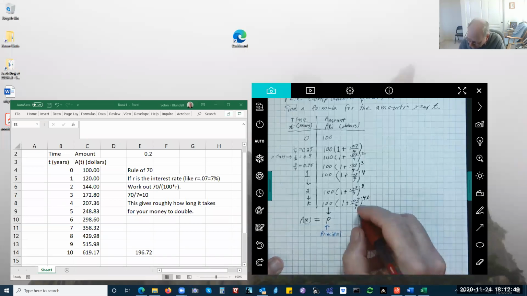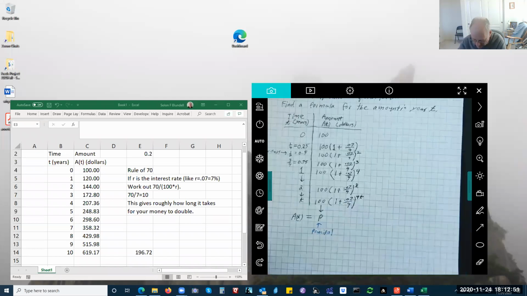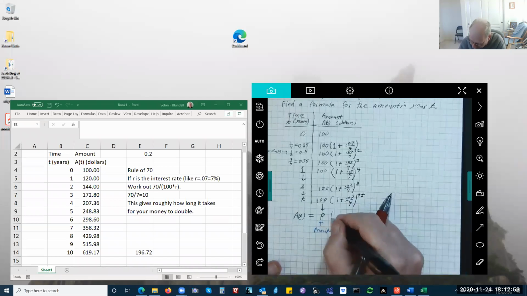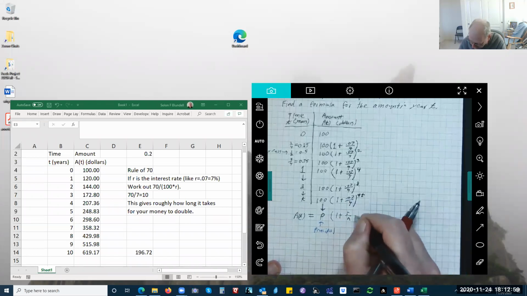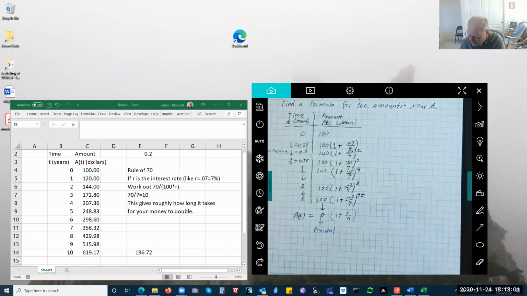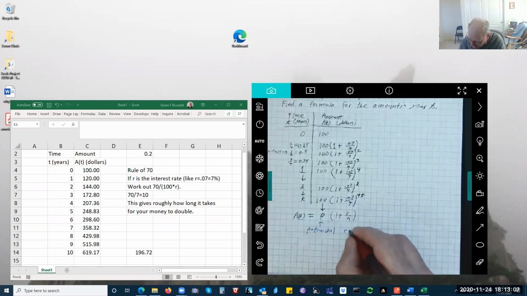And then over here, R is the rate, the 0.07.